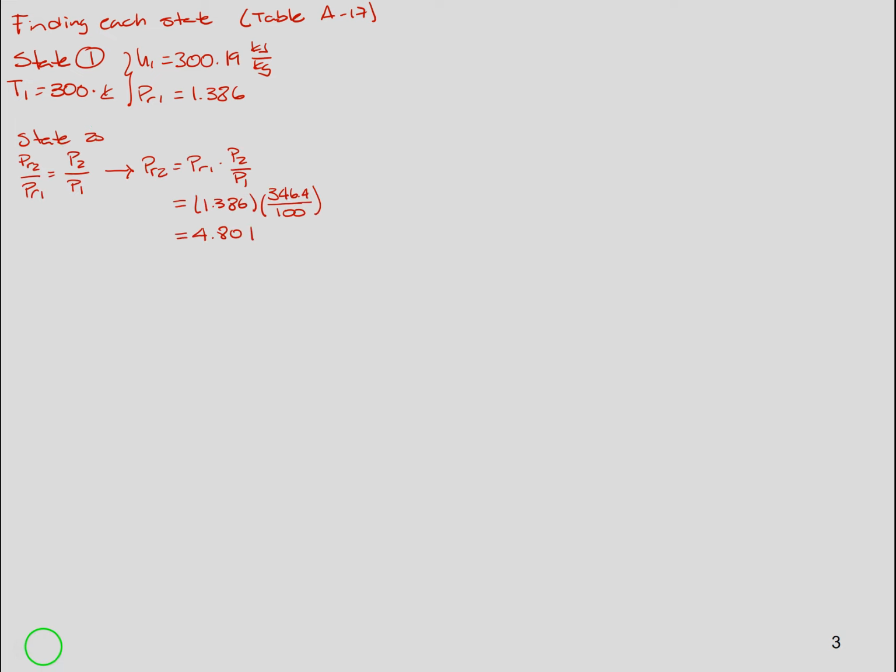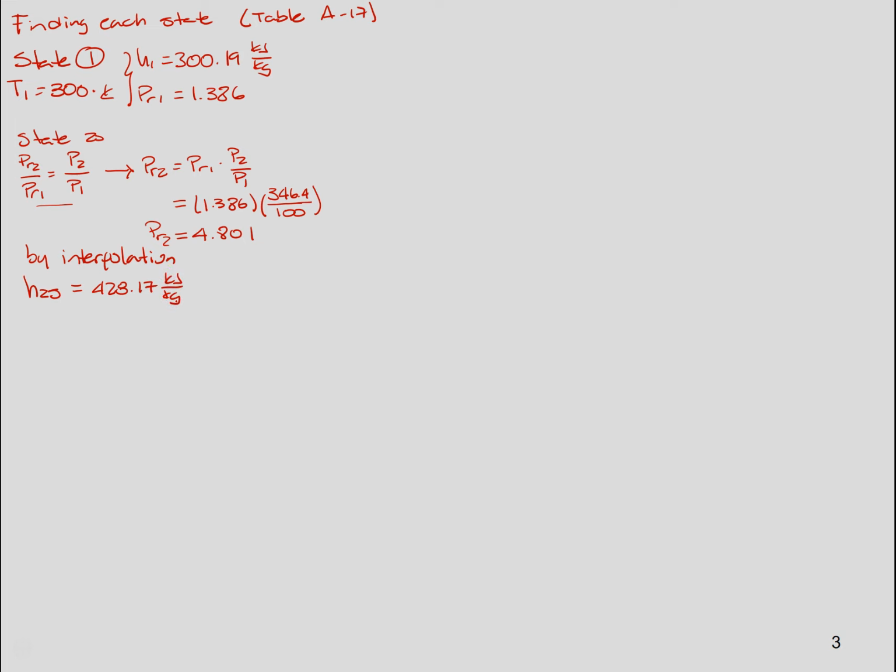Now, to get state 2s, we use the isentropic process, and we solve for PR2. So PR2 is 4.801. By interpolation, we can find H2, and since we use an isentropic process, H2S equals 428.17 kilojoules per kilogram.